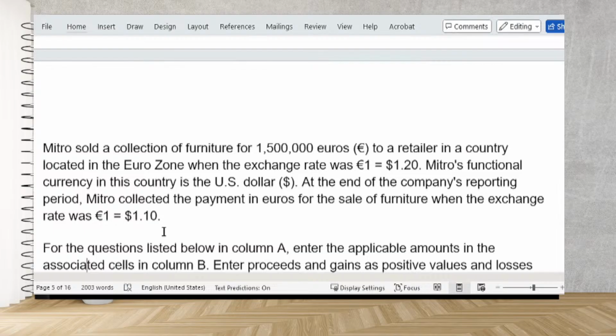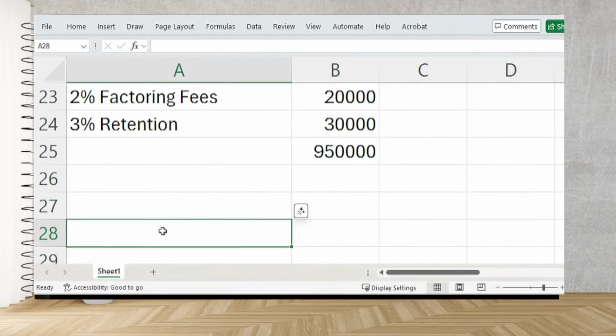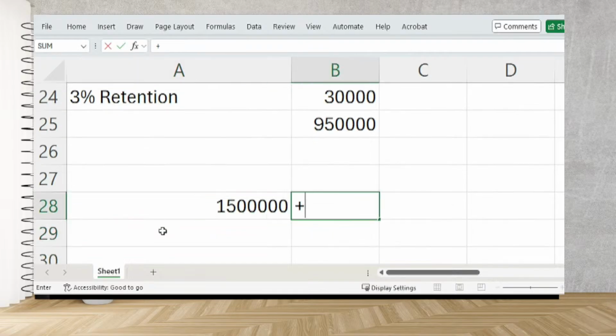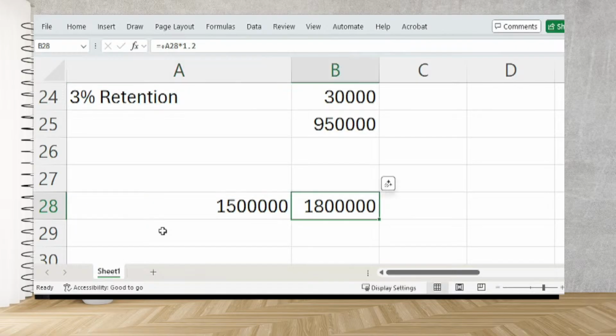So 1.5 million euro, this is one. So in US dollars at the time of sale at 1.2, which is 1.8 million US dollars.